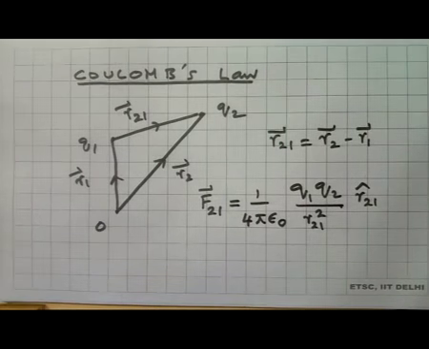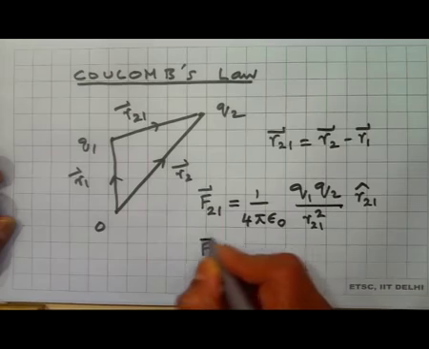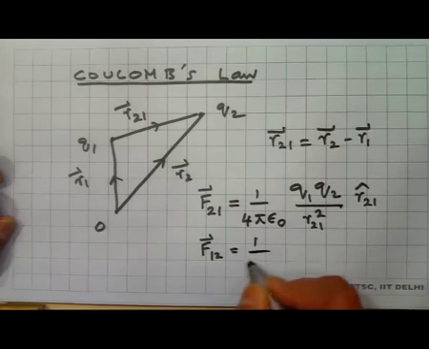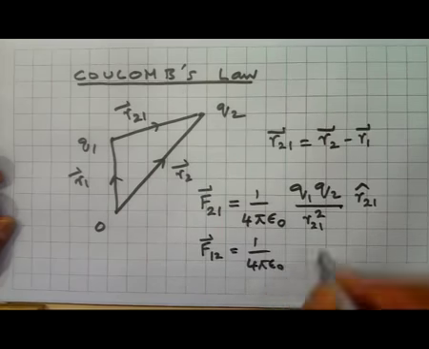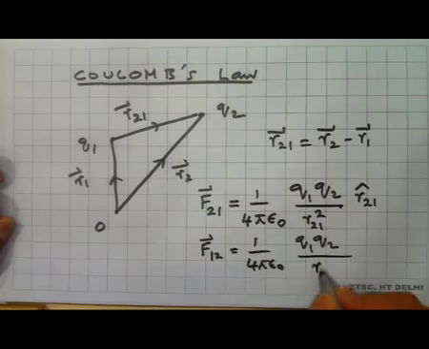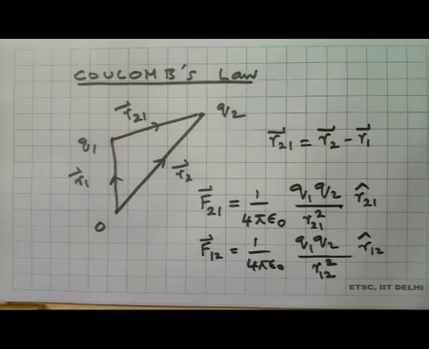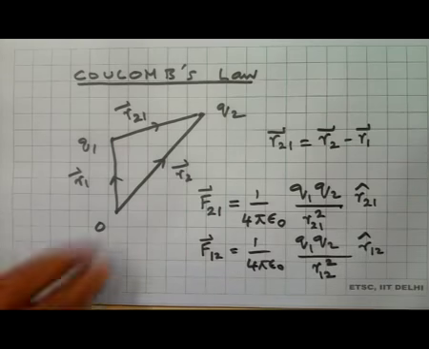Now, please remember that the force on 1 because of 2 is equal to 1 by 4 pi epsilon 0 q1 q2 by r12 square into the r12 unit vector. Now, what is the r12 unit vector?